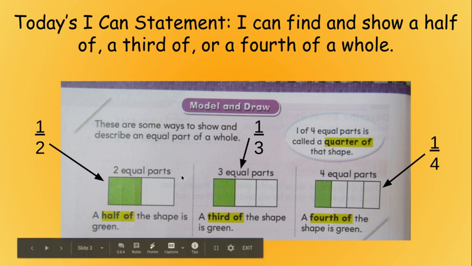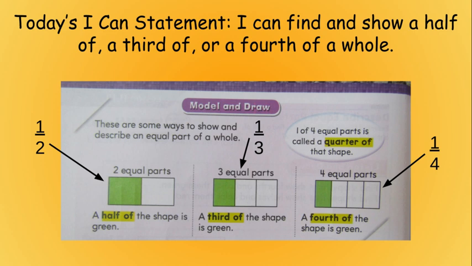Over here I have the fraction, or how we write 1/2 as a fraction. The top number is how much is shaded in, 1 piece or 1 part. The bottom number is the total number of parts in that shape. So 1 out of 2, or 1/2 of that rectangle, are colored in.